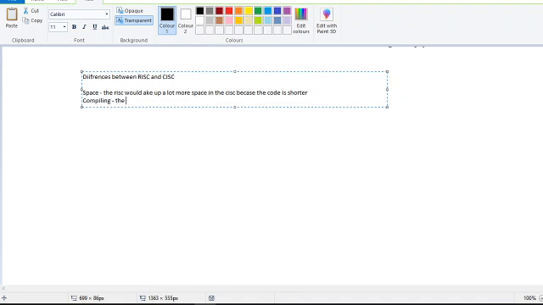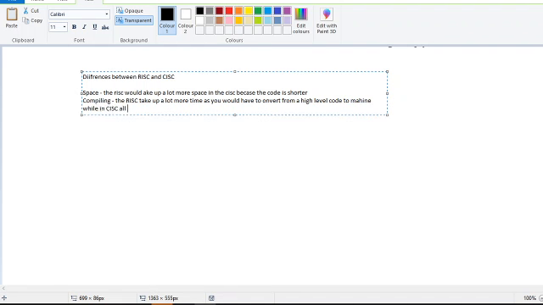Compiling the RISC would once again take up a lot more time, as you would have to convert from a high level code to machine, while in CISC all you would have to do is use less work as it's already closer to machine code.